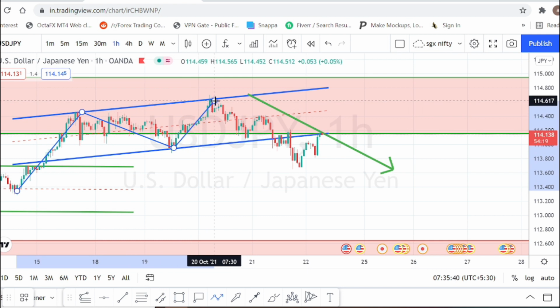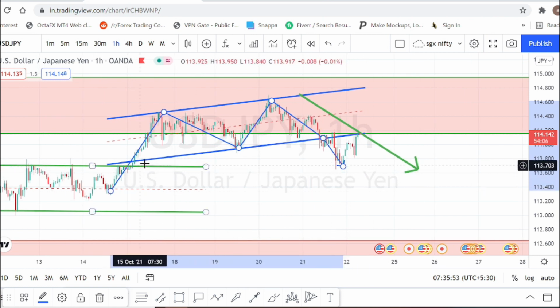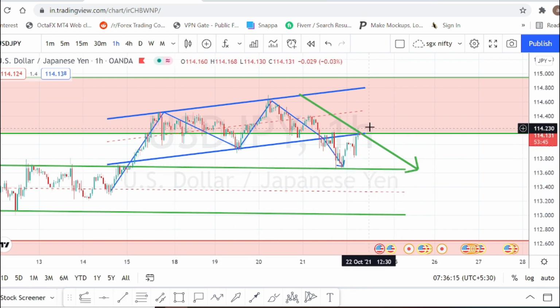You can see it here. It tested here, then the neckline is also broken. It is presently at this point, and you can see the neckline is also broken here. Presently it has taken support at this previous high, at this line, trying to breach this resistance again. Let's see how the market will go.